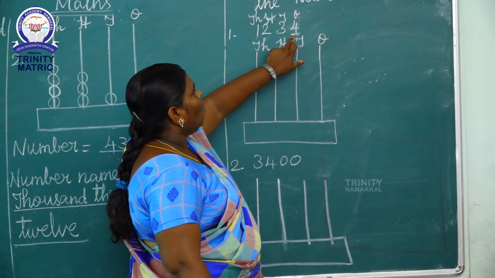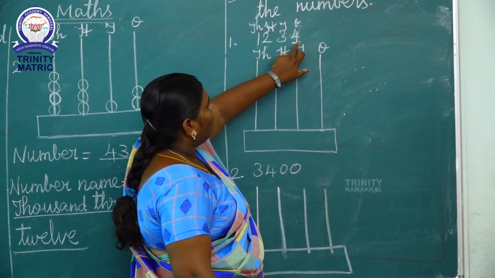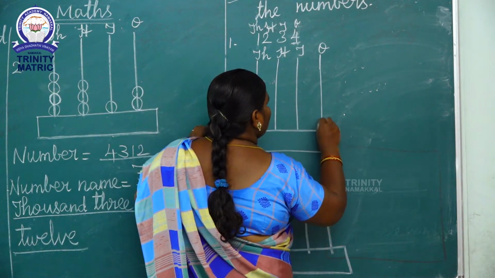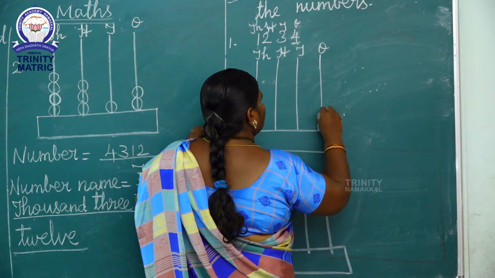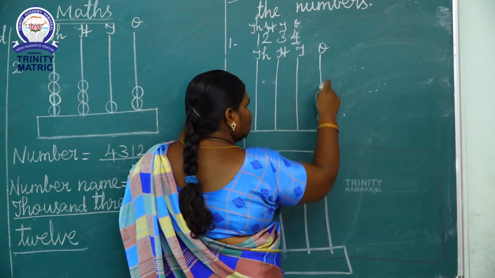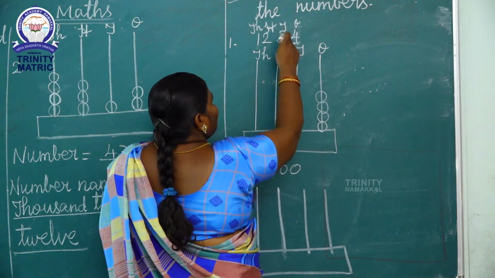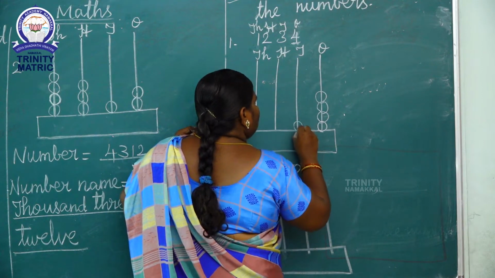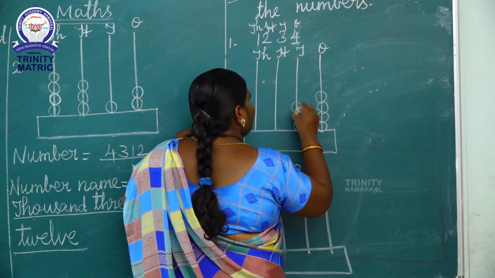1234. So in ones place you draw 4 beads. 1, 2, 3, 4. You draw 4 beads in ones rod. Okay, in tens place how much have here? 3. 1, 2, 3.